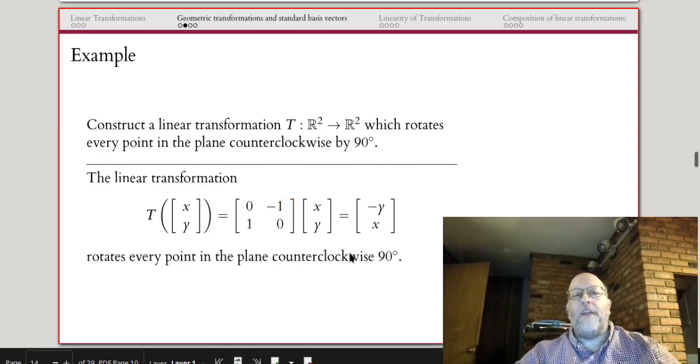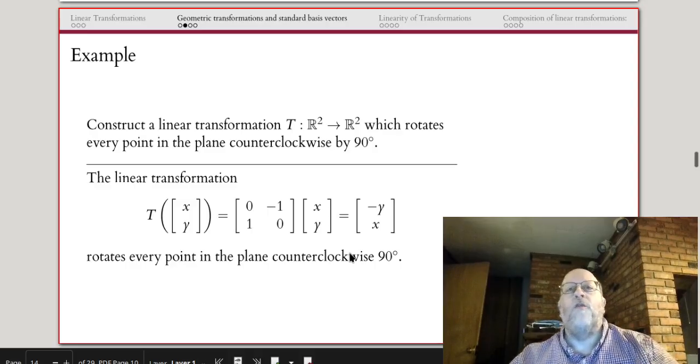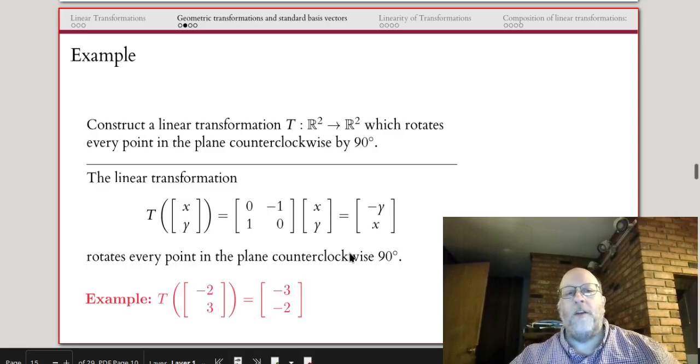And that linear transformation will rotate every single point in the plane counterclockwise 90 degrees, not just the two standard basis vectors. For example, if we wanted to look at the point negative 2, 3, so let's give this a try.